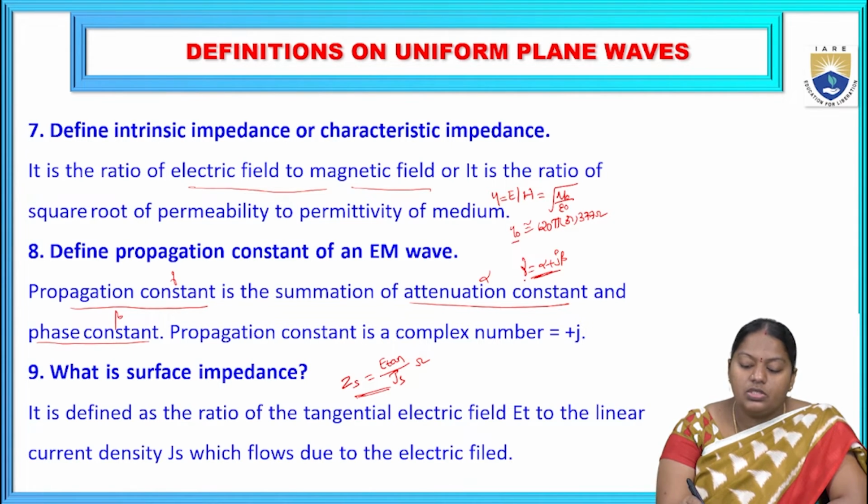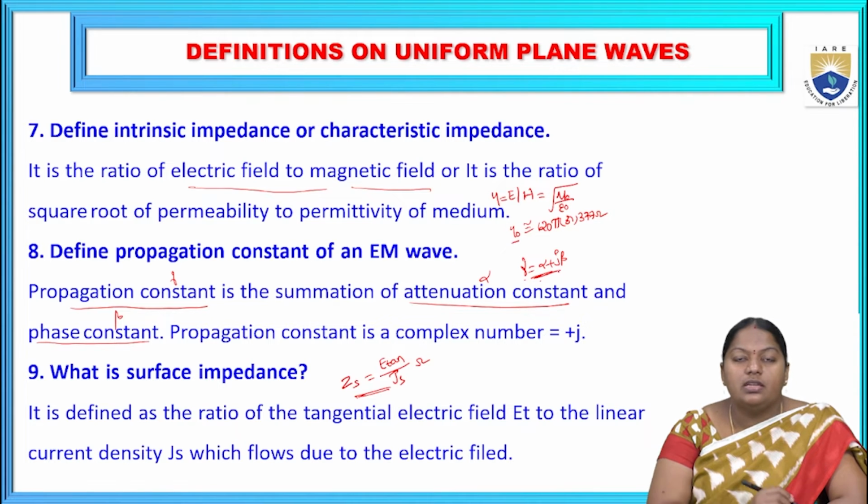So gamma equal to alpha plus j beta, where alpha is the attenuation constant, considered a real term, and beta is the phase constant, an imaginary term. So gamma equal to alpha plus j beta.